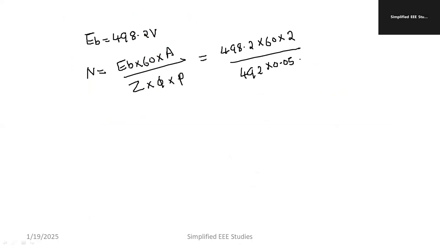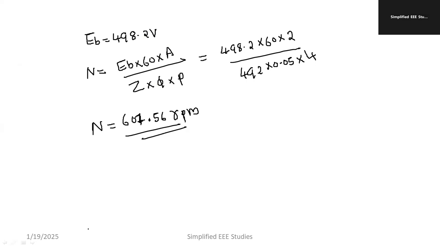P. P is 4, there are 4 poles. If you substitute, I get the speed as 607.56 RPM. RPM stands for revolutions per minute. I have got the value of speed.